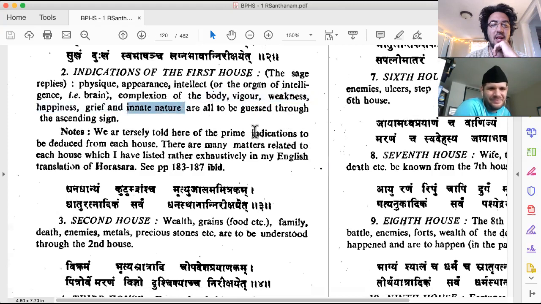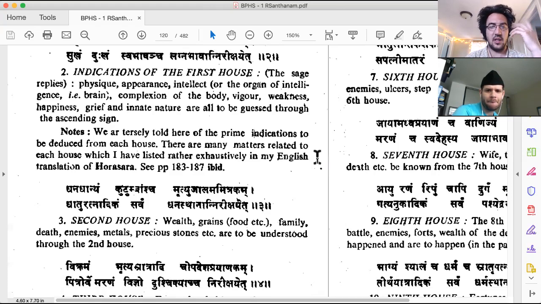Later in the book, in a much later chapter, he does attribute either the spirit or the soul to the ascendant as well, which we also find in some Hellenistic texts like the Liber Hermetis. It's very clear that the ascendant is not just the body or the mind, but the spirit or soul's union with the body-mind.